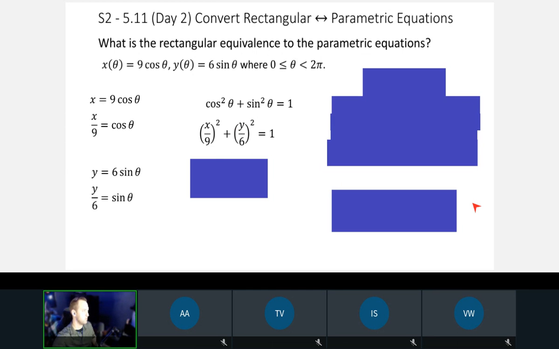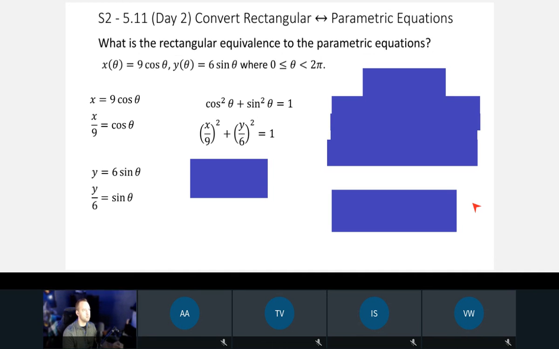No, we don't FOIL. This is not a binomial. This is not a binomial squared. This is a fraction squared and a fraction squared. Yep, there's no foiling. So I see people putting in chat what the answer is, but not actually what you do.